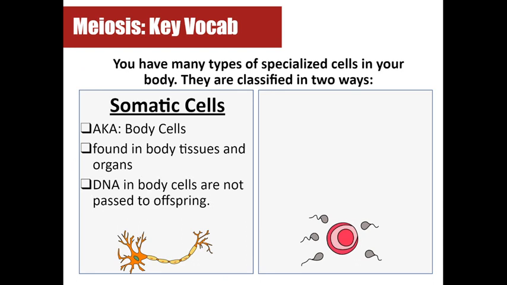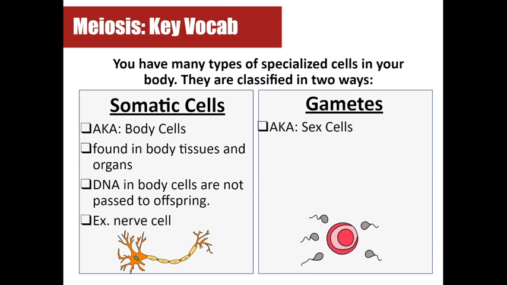Now, you have the second type of cell. An example of a somatic cell is also your nerve cells. So the other type of cell is your gametes. These are known as sex cells. This is where the sperm and the egg come into play.